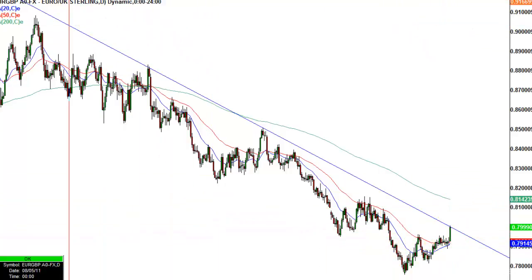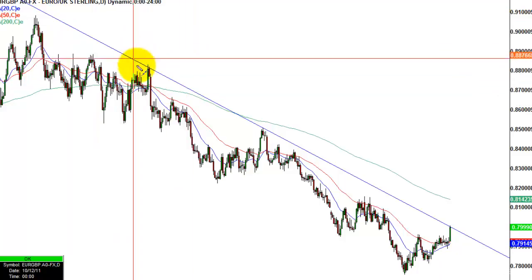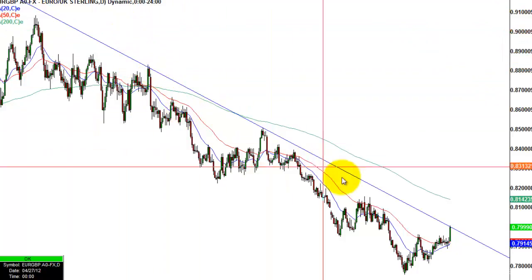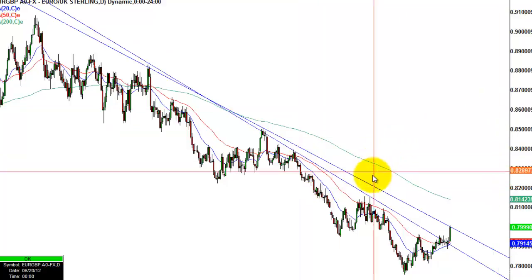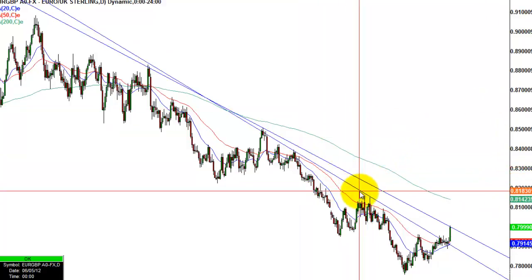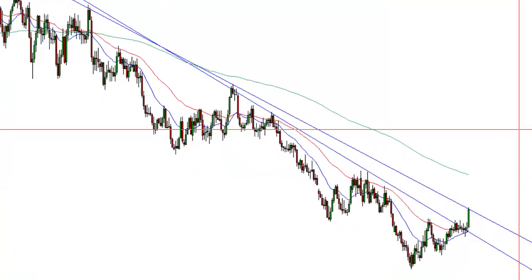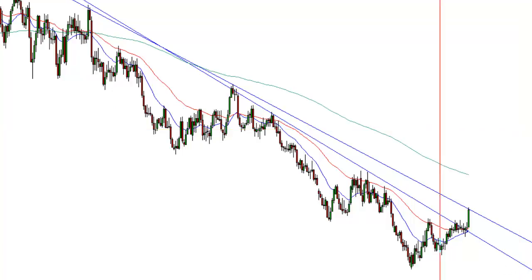However, you can see the ambiguity of trend lines. Some people, certainly in the market, will be looking at this as a trend line, like so. So what we'd always say is trend lines are absolutely fine, provided you've got another reason to get into the trade.